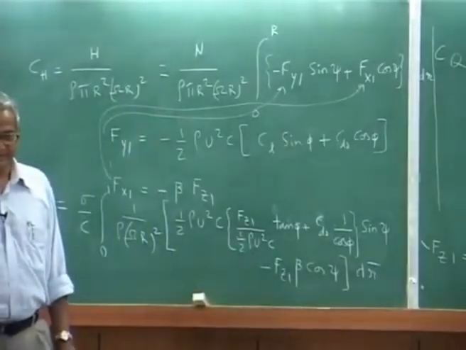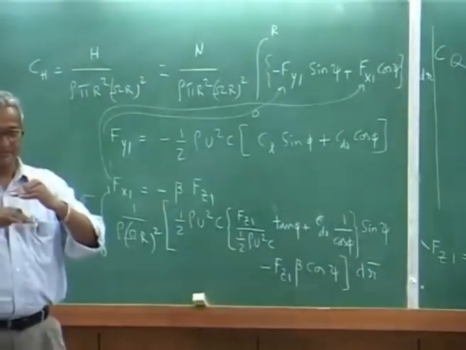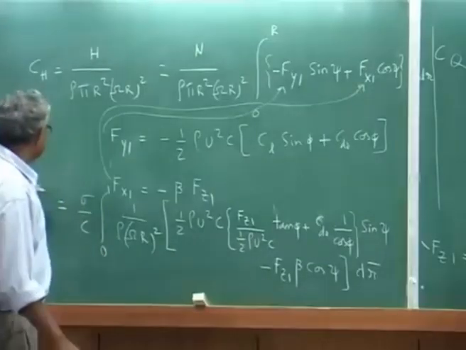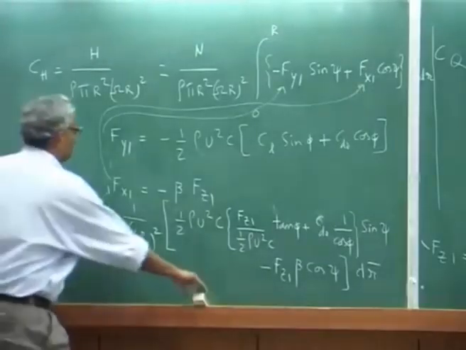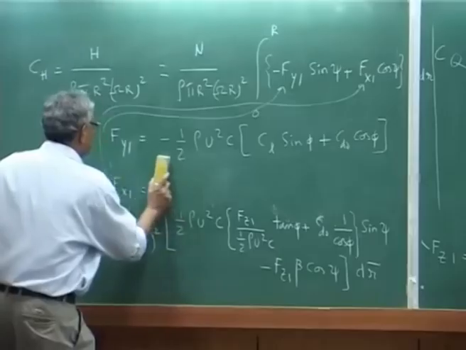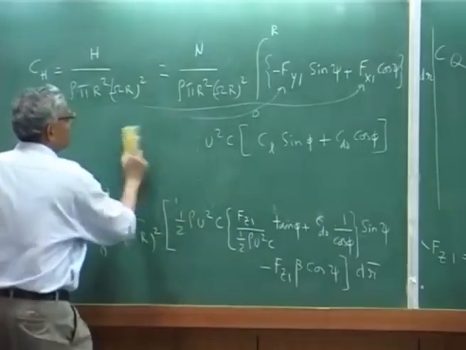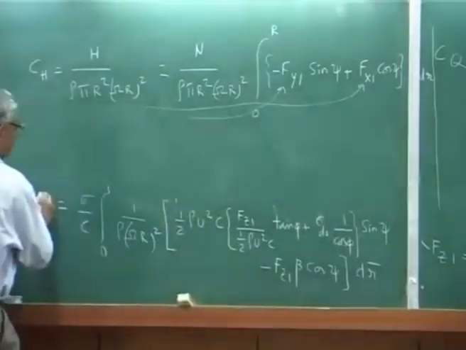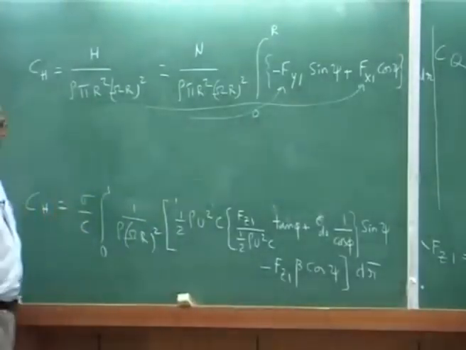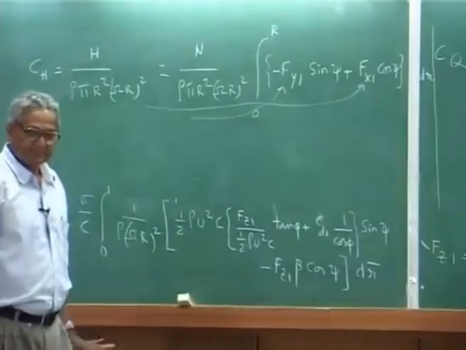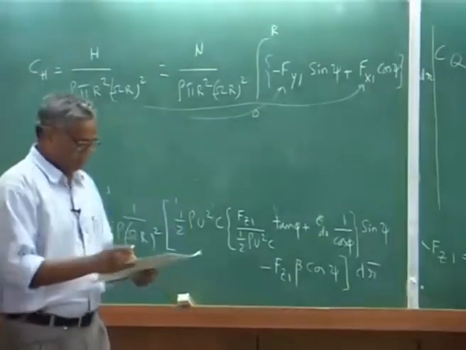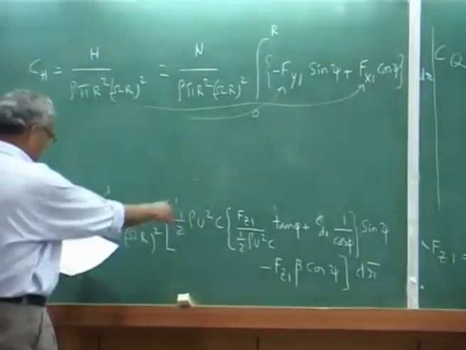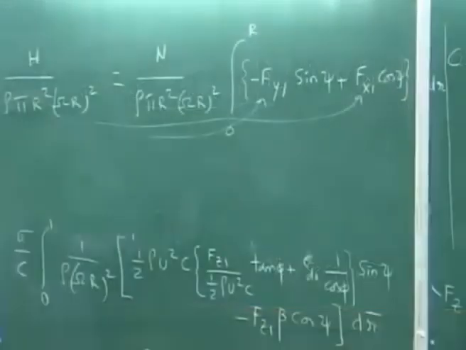It is a two step process. So, I am writing my C H, erase this part also. So, this is my entire expression for C H. Now you can substitute here and simplify the whole expression.